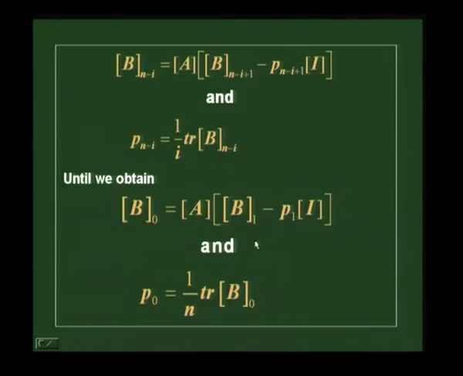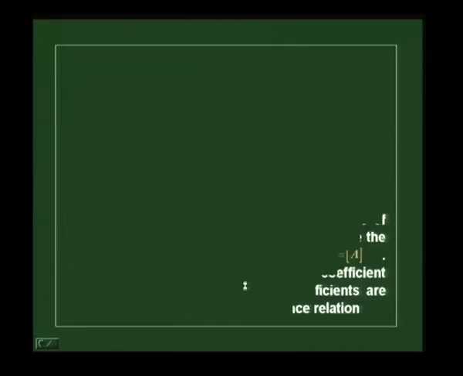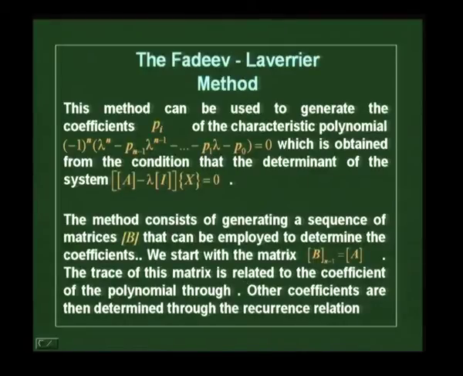Then p 0 is 1 by n times the trace of b 0, since i is n now. So, I repeat: we start with matrix b n minus 1, which we take as A. The trace of this, that is the sum of the diagonal elements of the matrix A itself, is the coefficient of the lambda to the power n minus 1 term.